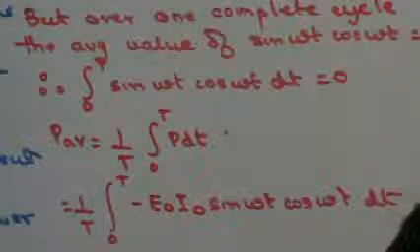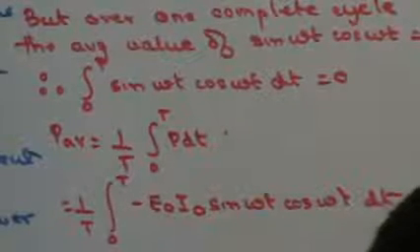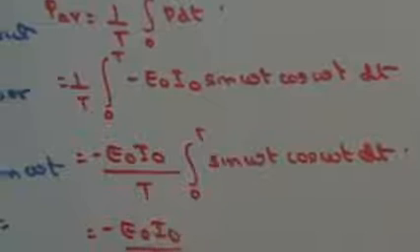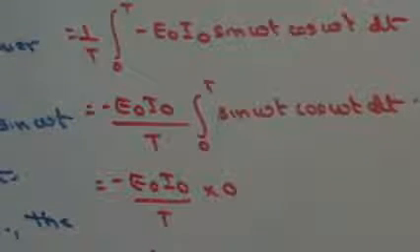The constant minus E0 I0 comes out upon T integral of 0 to T sine omega t cos omega t dt, but that integral is equal to 0, so this is minus E0 I0 upon T into 0, which is 0. Thus the average power consumed by a pure capacitor is 0.